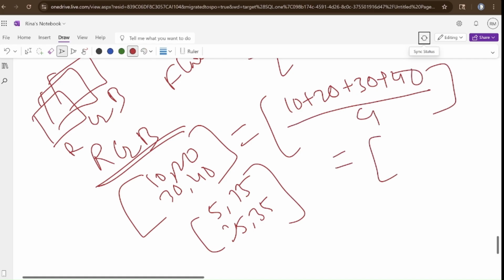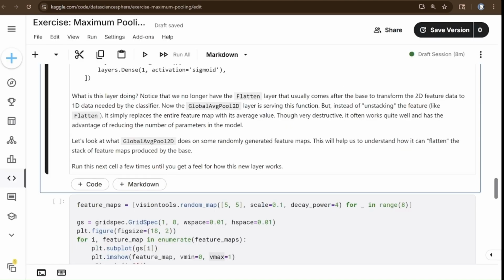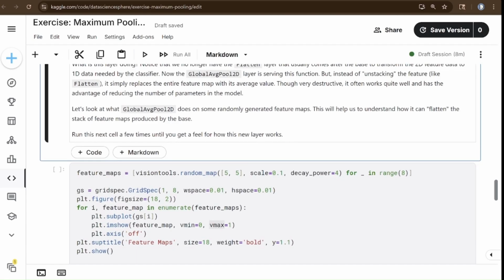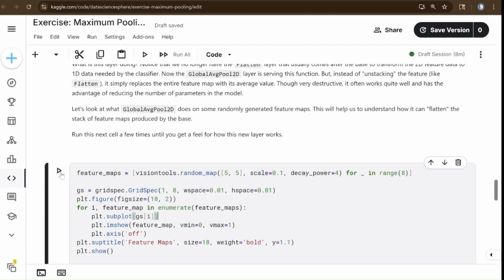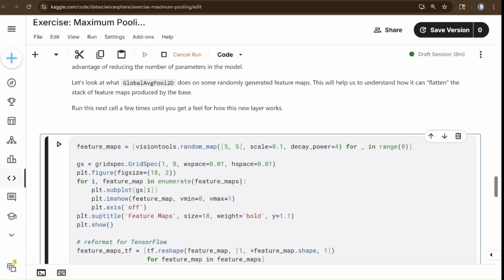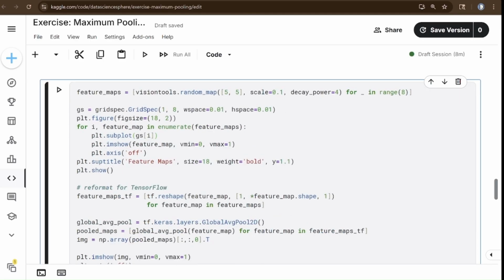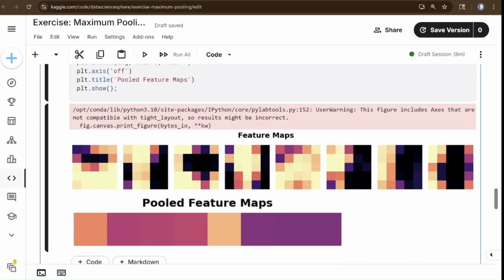Okay, so whatever the value is, that is taken. This is what is done by the GlobalAveragePool2D layer. So let's look at some of the randomly generated feature maps. This will help us to understand how it can flatten the stack of feature maps produced by the base.